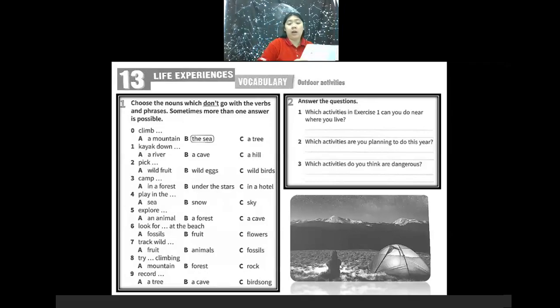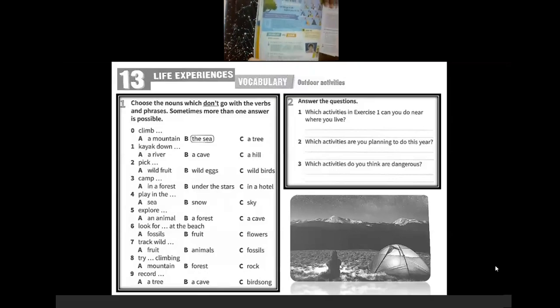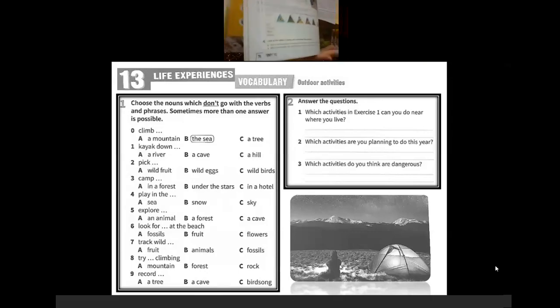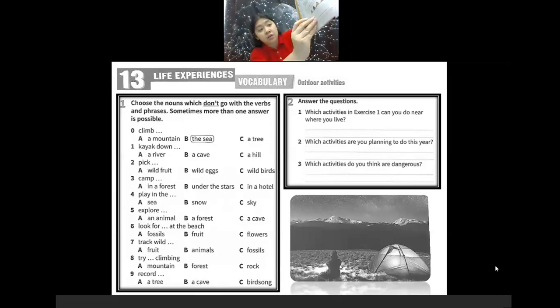Let me show you here. If you have the book or the worksheets, they should look the same. This one with the pictures, the words are down here in activity 1. Page 76 in your student's book. So if you need to, you may go back there and have a look.